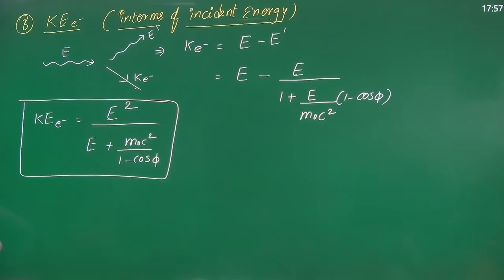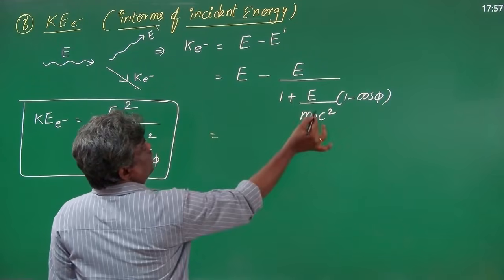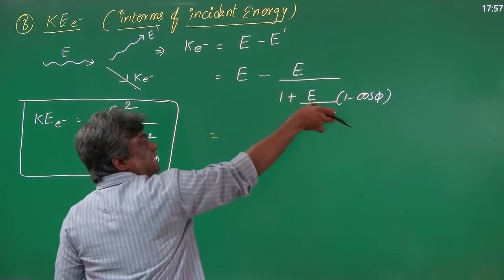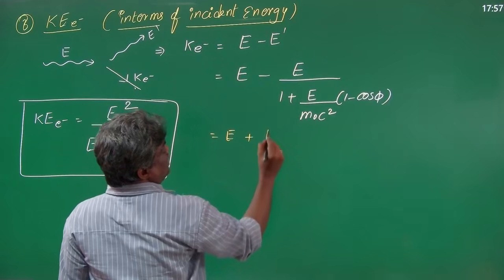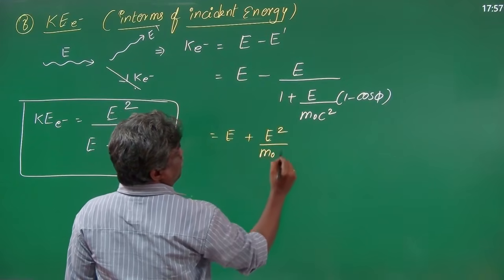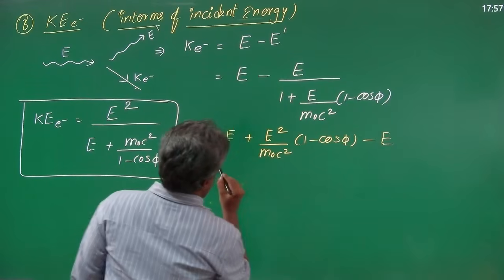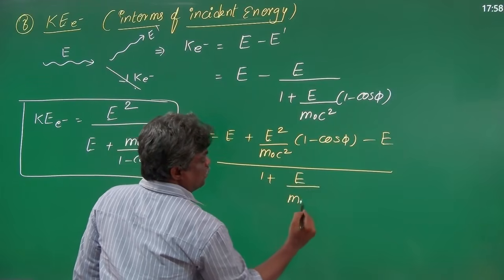Just follow that rule, simplification of above step. Just cross multiply, because this is a single term and this is a fraction. So take the entire denominator and multiply. E plus E into E, E square by m naught c square into 1 minus cos phi minus E divided by the entire denominator. Don't worry, just proceed.